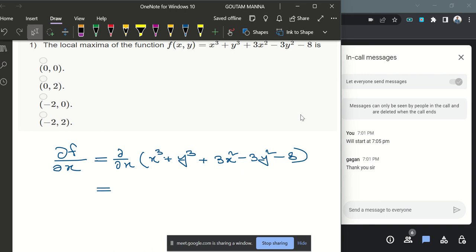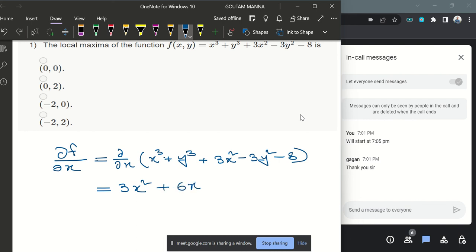Now if you take the partial derivative with respect to x, it will be 3x square, plus this term will be 0, this term will be 6x, and the others will be 0. So let's write it as 3x square plus 6x.